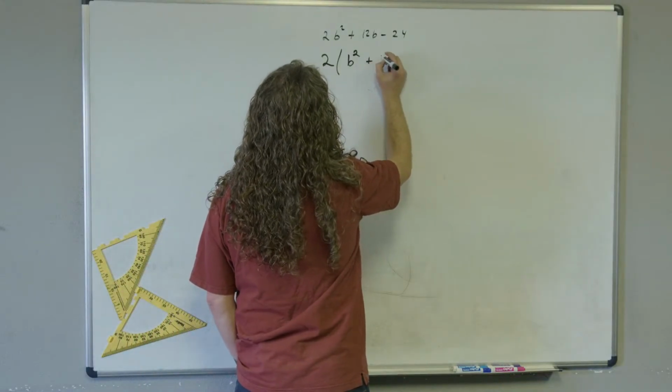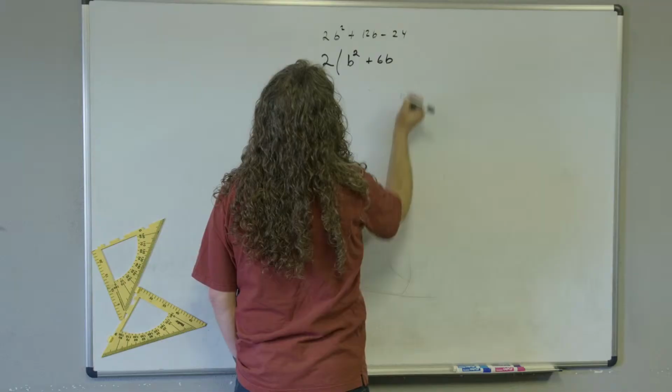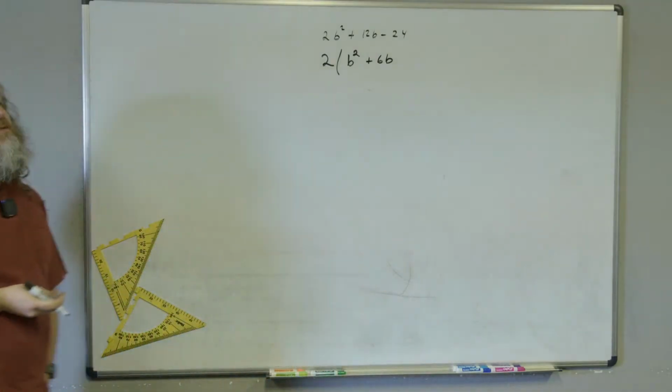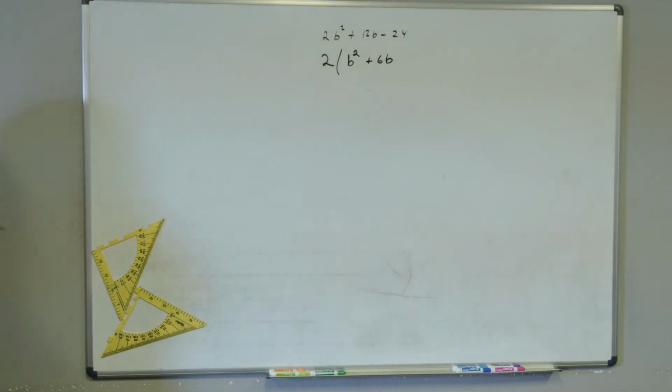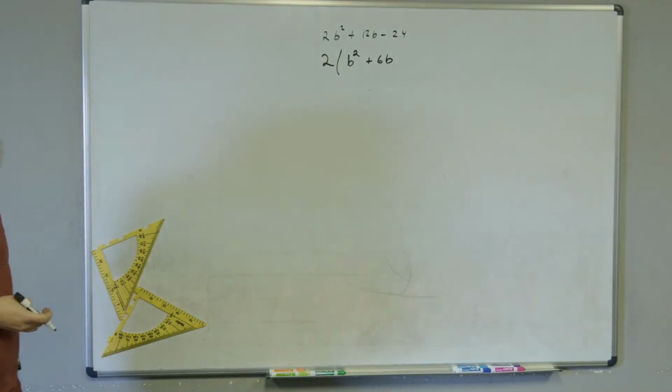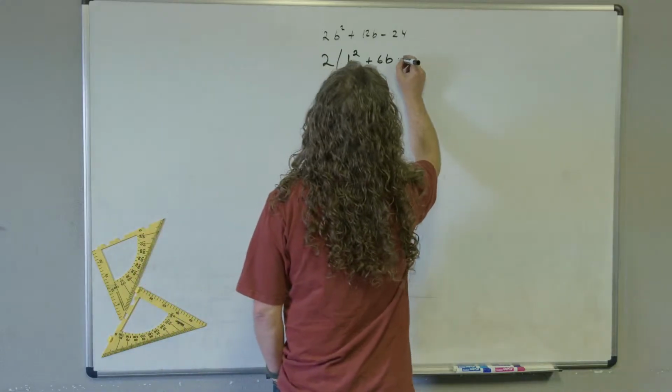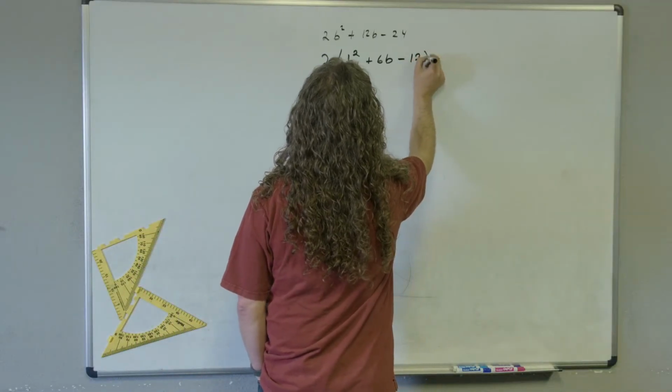Why is it 6 and not 10? Because you divide, not subtract, right? When I factor a 2 out of negative 24, what's left? Negative 12. That's exactly true.